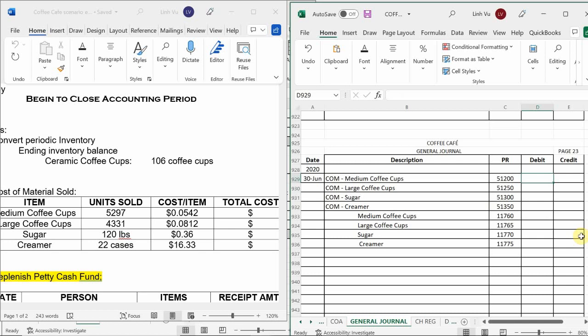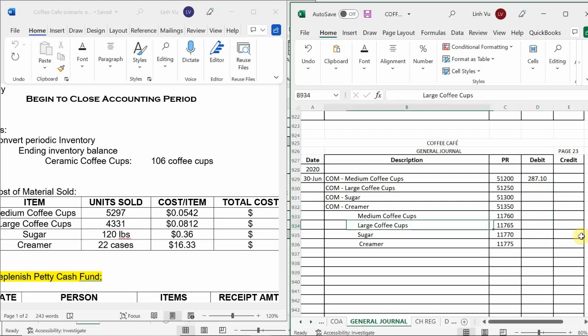Okay, so let's go ahead and figure out what those costs of materials are. This is a calculation here. If I sold 5,297 medium cups that cost me 0.0542, so 5.42 cents per, round to 2, I get a grand total of $287.10 worth of medium coffee cups.